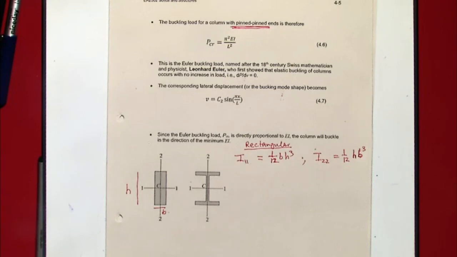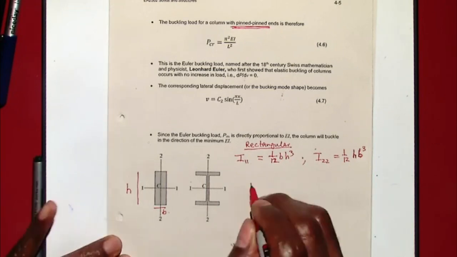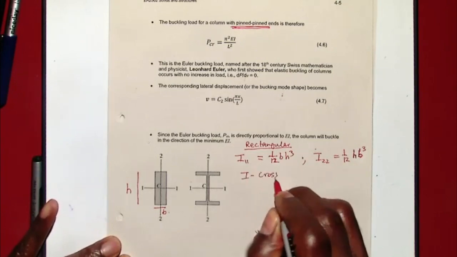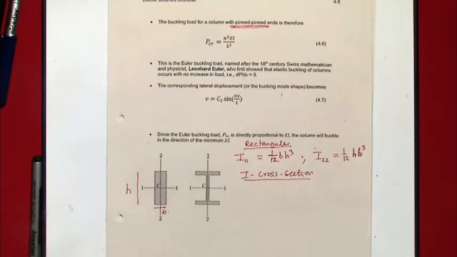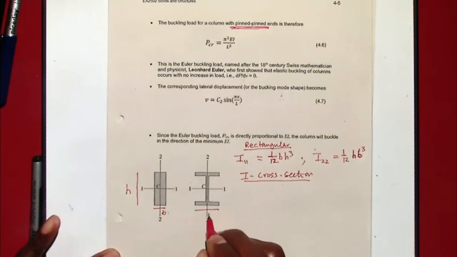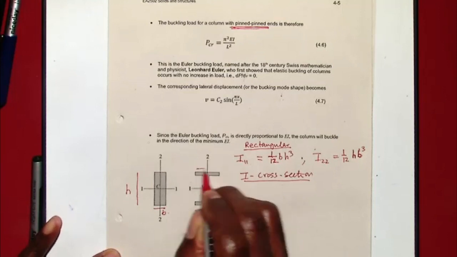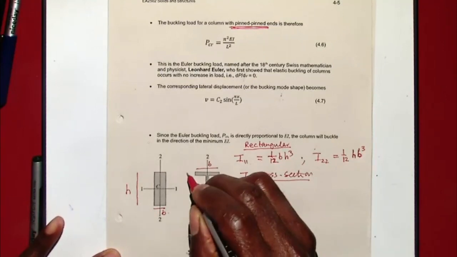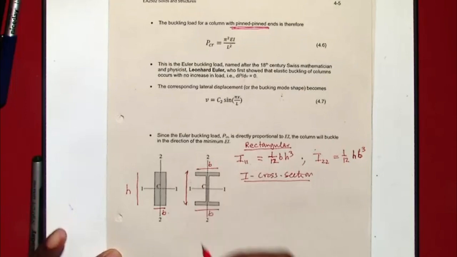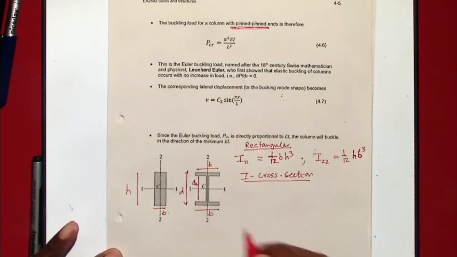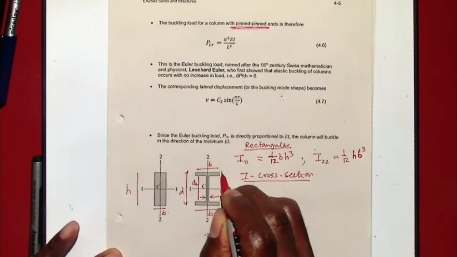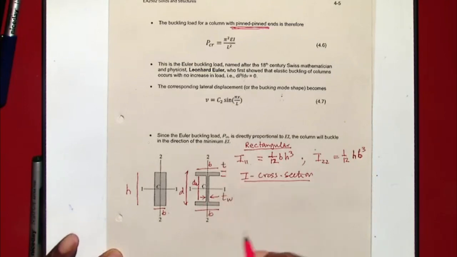So let's do this second one for the I-beam, for the I cross section. Let's call this width B. It's the same one at the top, that is B. We call the total depth up to the base D. We call this height here dW, this thickness here TW, and the thickness here T flange.